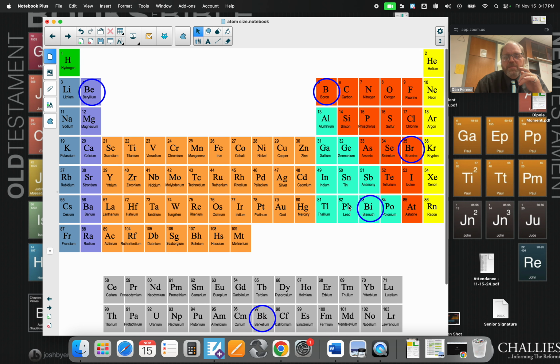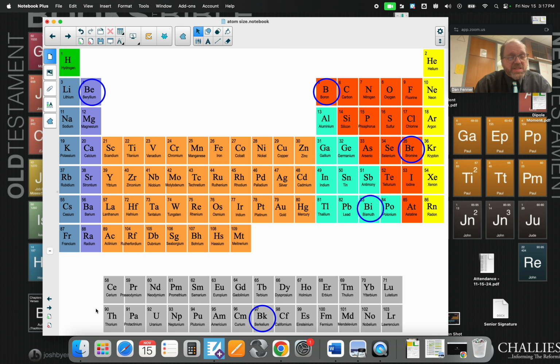Because if you look at bismuth and then berkelium, wait a minute, how do we use these? Well, cerium and lutetium fall between lanthanum and hafnium. So lanthanum is bigger than all 14 of these, and all 14 of these are bigger than hafnium. Same thing with the 5f series. Actinium is larger than thorium through lawrencium.